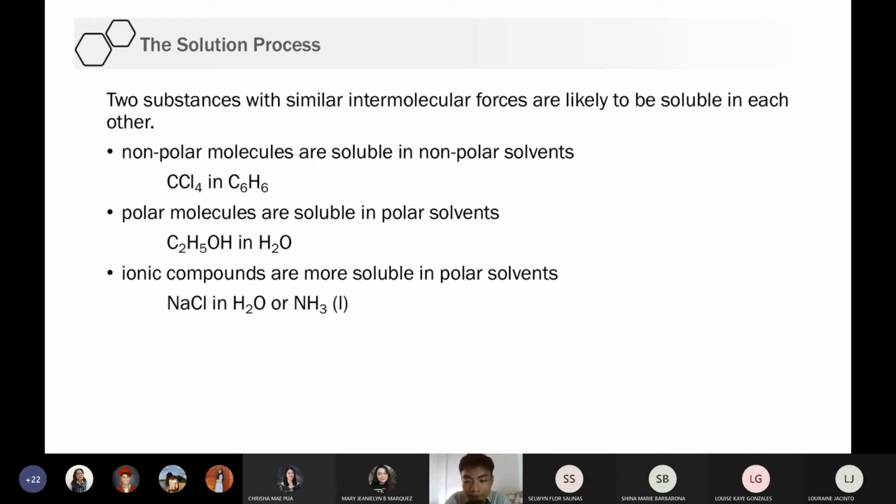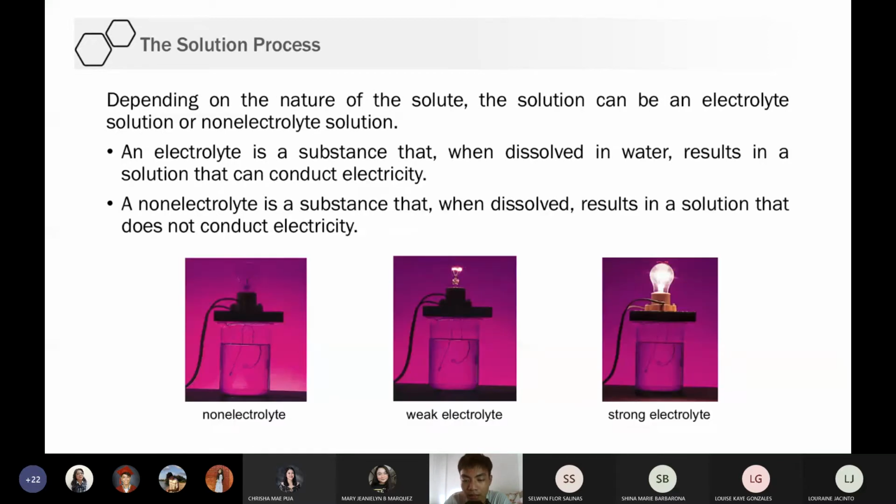Okay? So, ganun lang. Ano kasi mangyayari kapag hindi sila matchy-matchy? Ang mangyayari ay they will not mix thoroughly. No? So, magsiseparate sila into layers. Okay? And also, depending on the qualities of your solute, no, you can have an electrolyte or a non-electrolyte solution. Okay? So, ano yung difference? No?